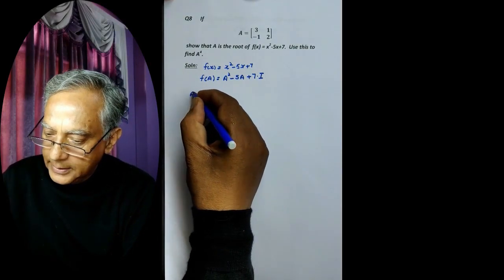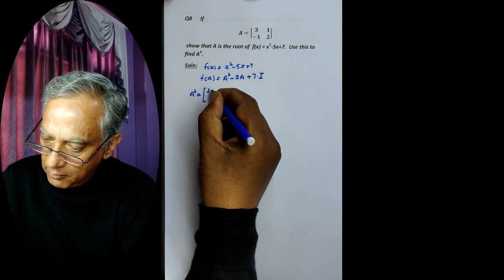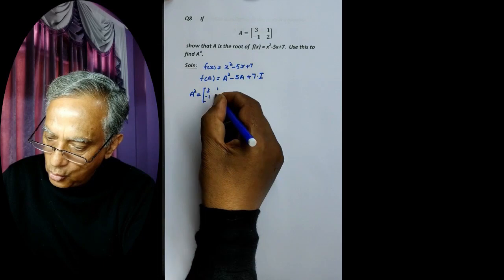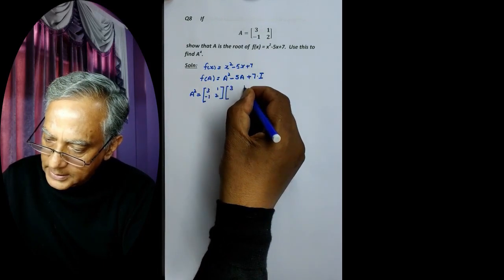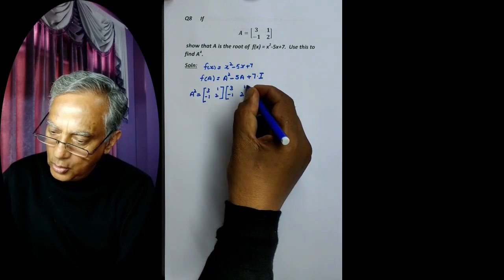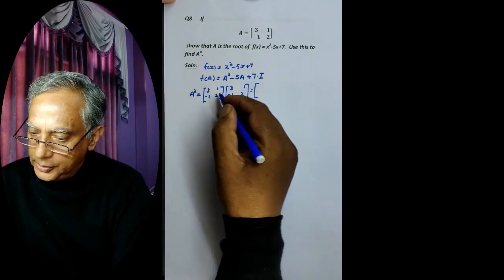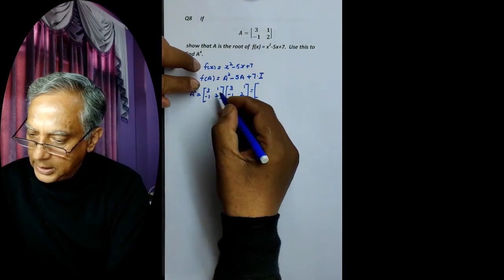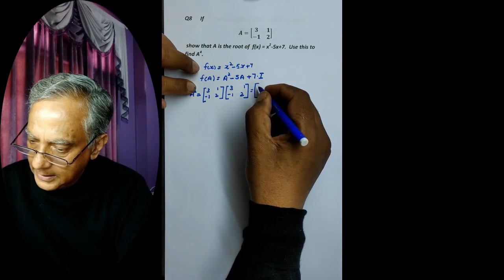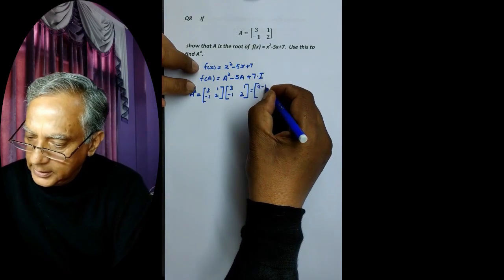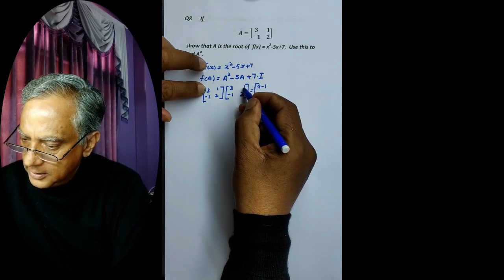A square is equal to [3, 1; minus 1, 2] into [3, 1; minus 1, 2]. And this is equal to this into this. 3 into 3 is 9. 1 into minus 1 is minus 1. 9 minus 1. This into this. 3 plus 2.